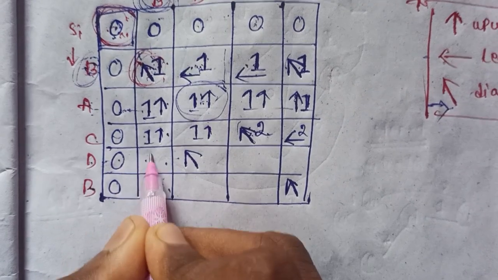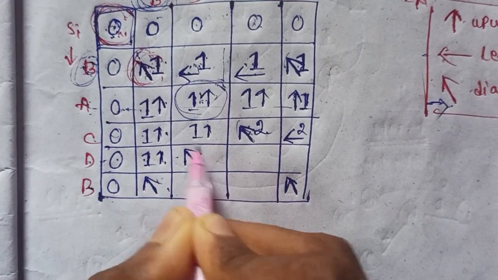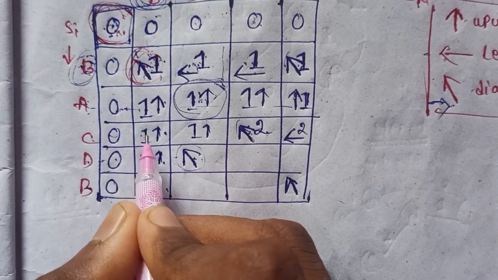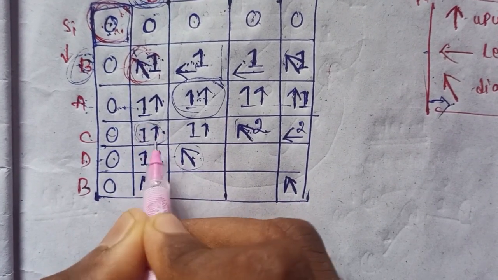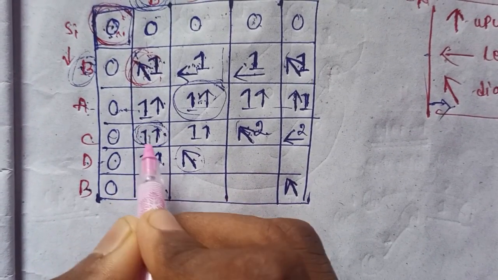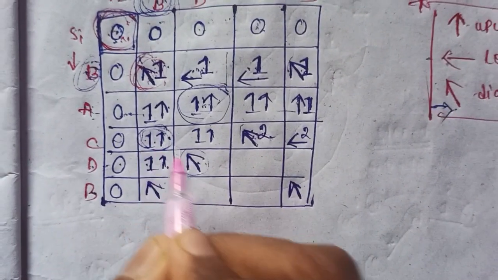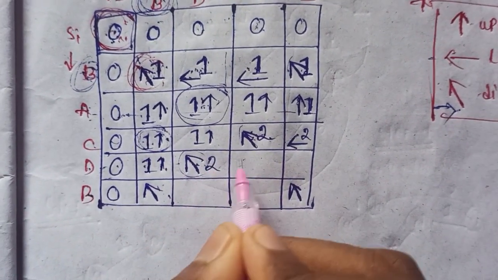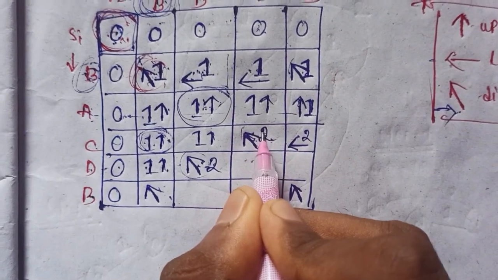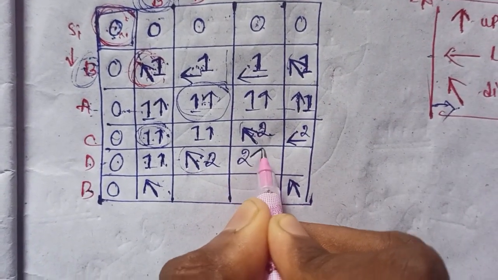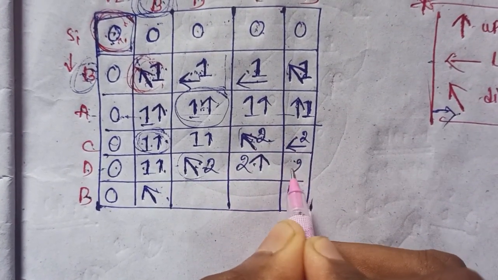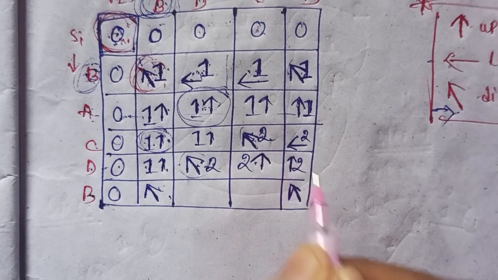Here comes the diagonal arrow again, so we take the previous row and previous column cell number plus 1, 1 plus 1 will be 2. Then the next cell, here 2 and 2 are the same, so write 2, and by default the arrow mark will be upward. Here also 2 and 2, by default the arrow mark will be upward.